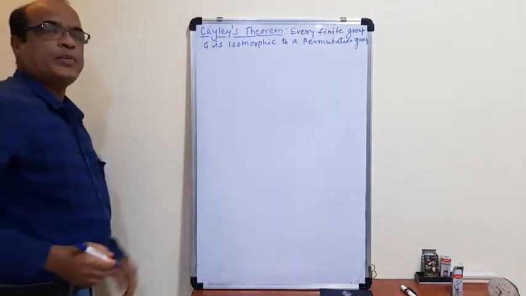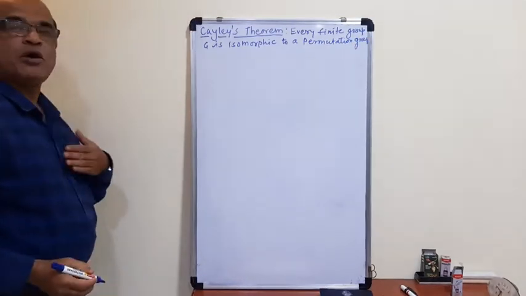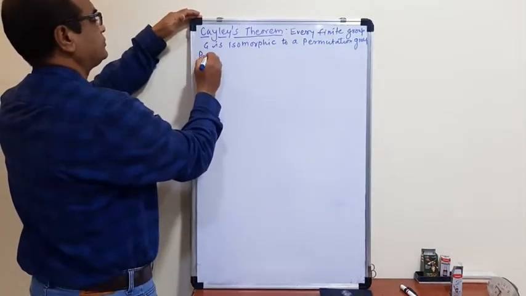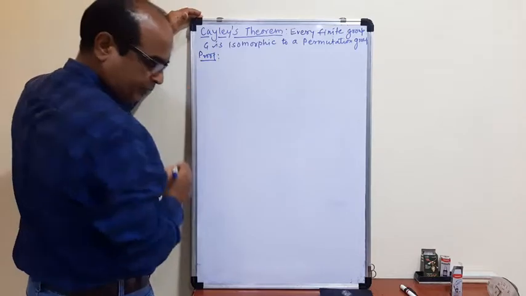So prove that every finite group G is isomorphic to a permutation group. Okay. So what is the proof?